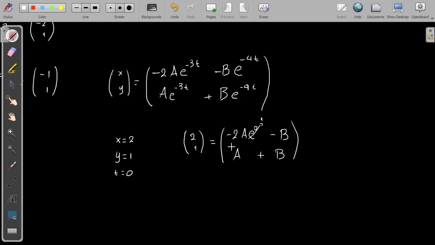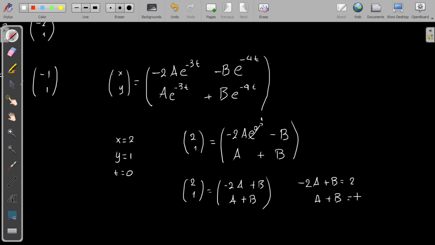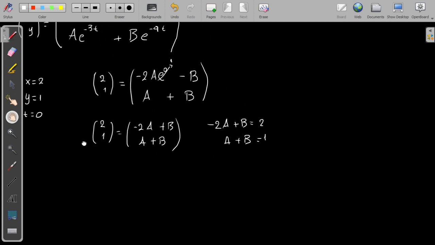So which are my solutions? 2, 1 equals minus 2a plus b and a plus b. And now I have to solve this system. Minus 2a plus b is equal to 2, and a plus b is equal to 1. Now if I subtract them so as to find b, easy.